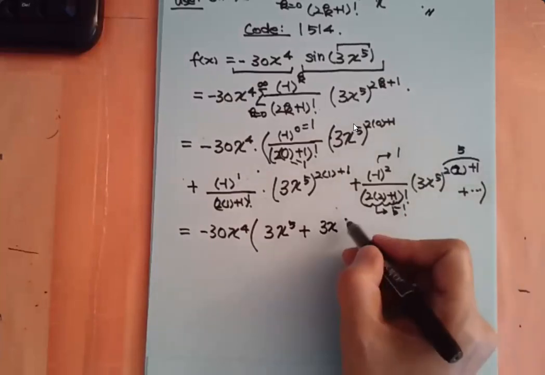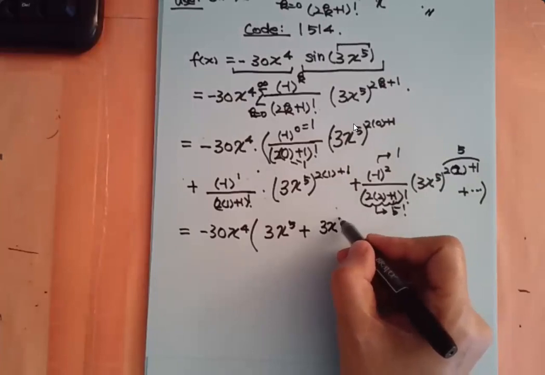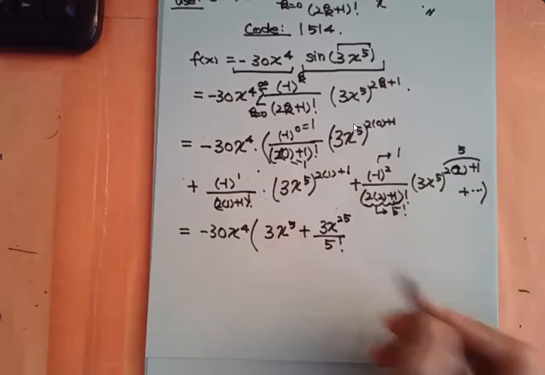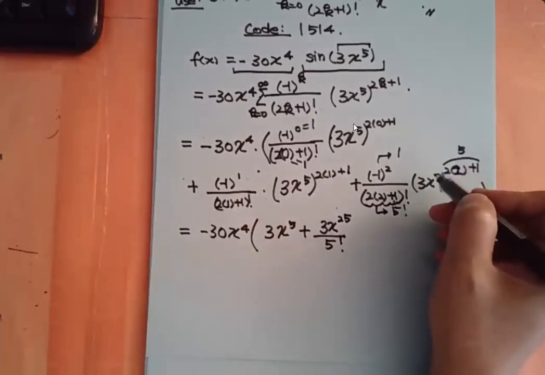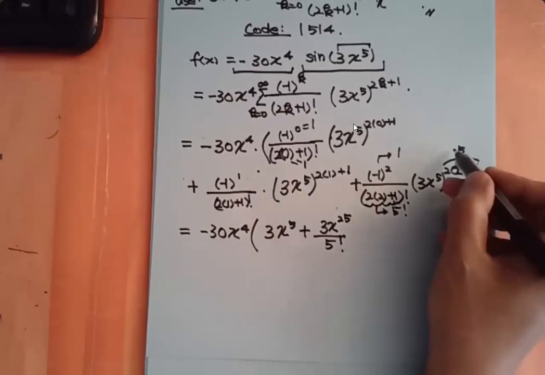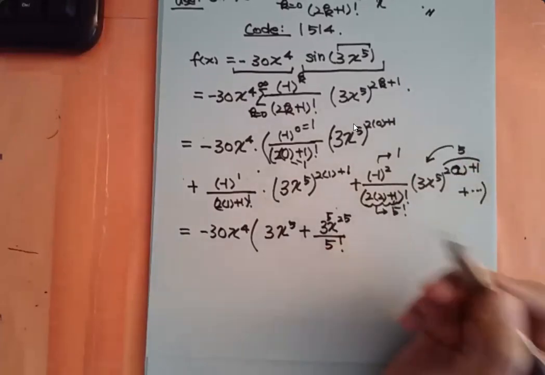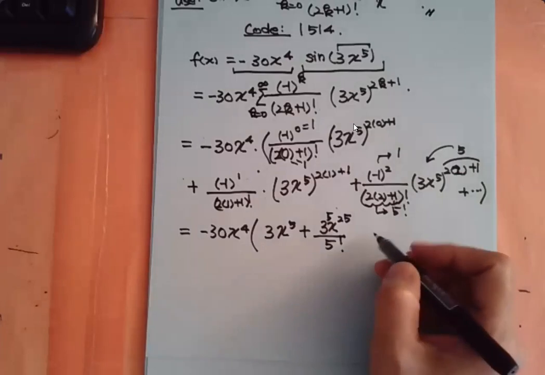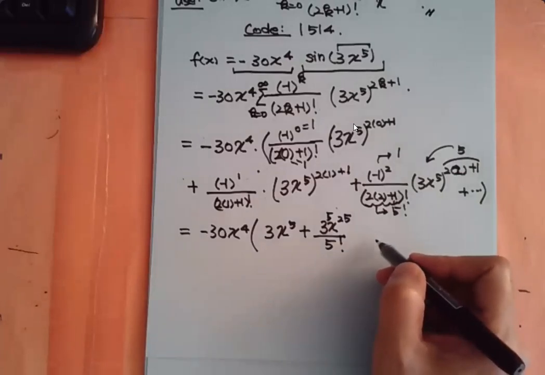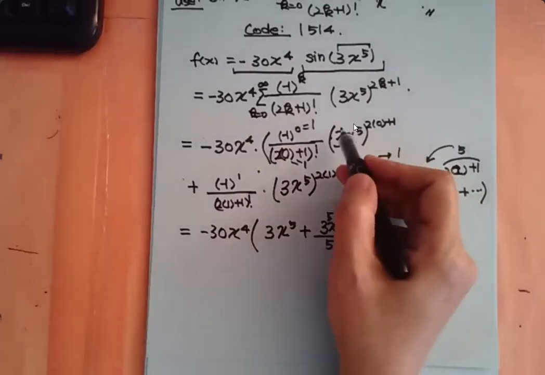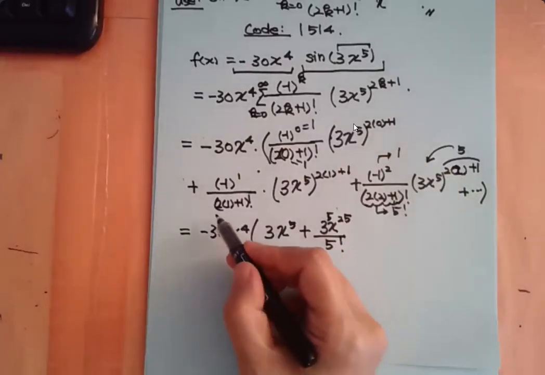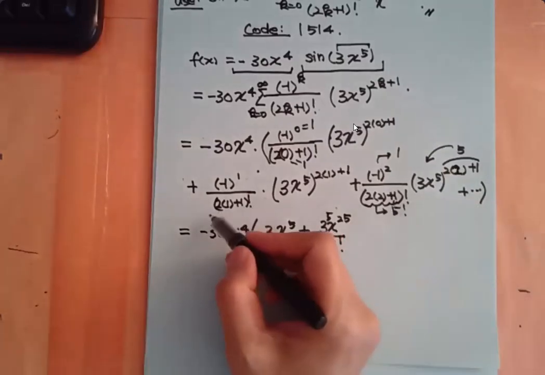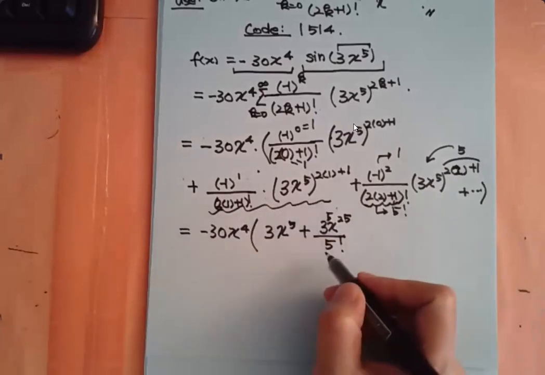And so 25 power over 5 factorial. But I have to distribute, so 3 to the fifth power here. And then just a moment, this one is this one, and then I jumped into here, and for this one was missing, sorry.